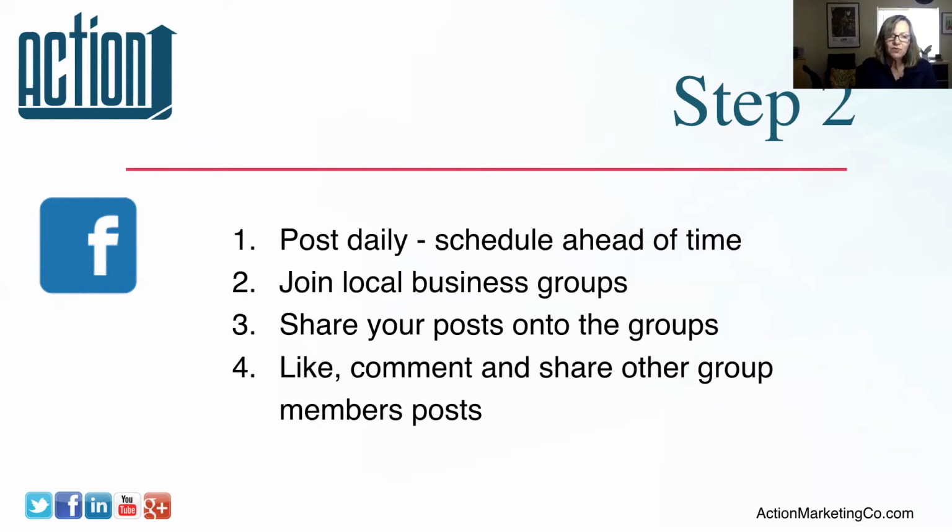Then you want to be posting daily. And what you do is that you schedule these ahead of time. You are going to have to set time to work on all this. You have to really set time aside for this. And so you can schedule ahead of time. This is the best way to do it. Like once a week, you just figure out what 5 posts you're going to be doing, and you go and post them and schedule them, because Facebook allows you to schedule the post to be published later.